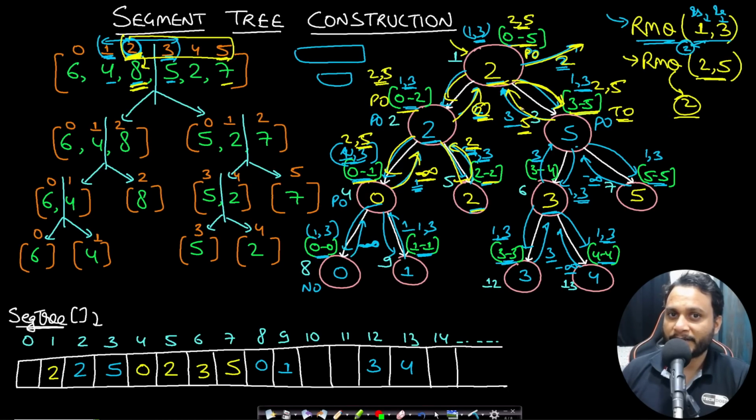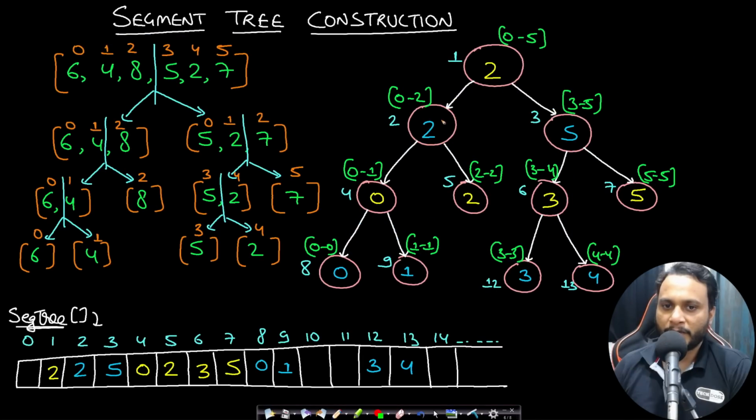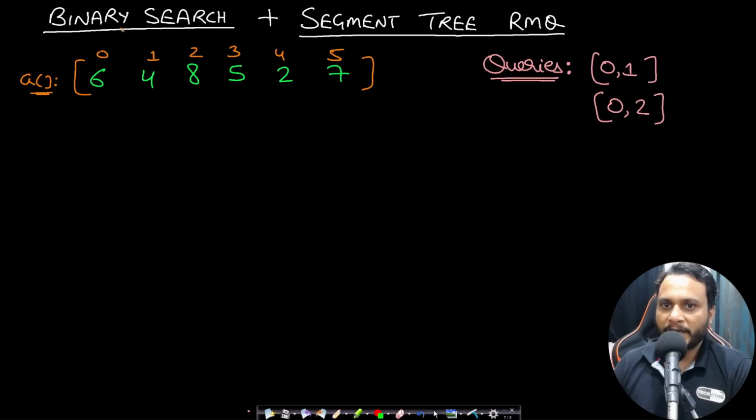So let's now look at the dry run using the binary search along with the segment tree range max query. Now once you have made the segment tree, let's apply our binary search with the segment tree RMQ, that means the range max query technique. Let's say the array has 6 items and I'm trying to do the query 0, 1.